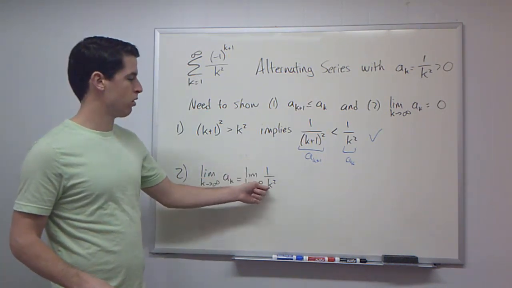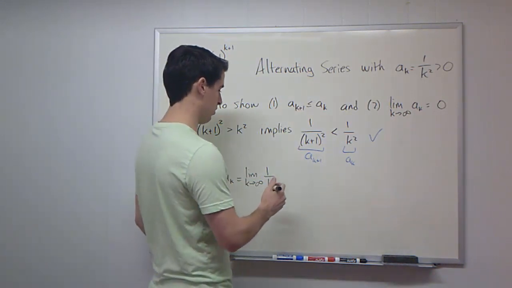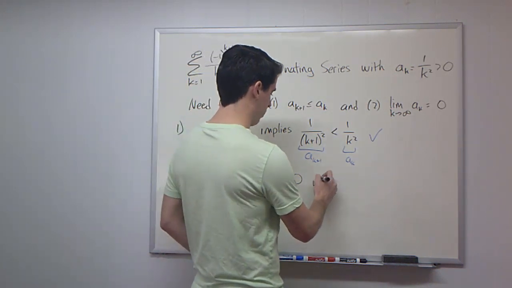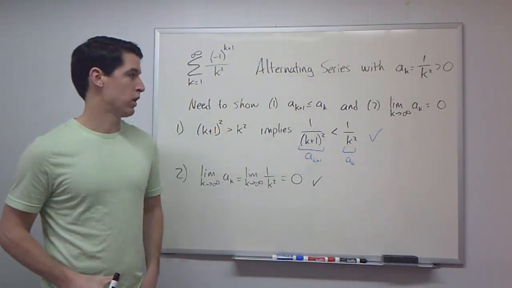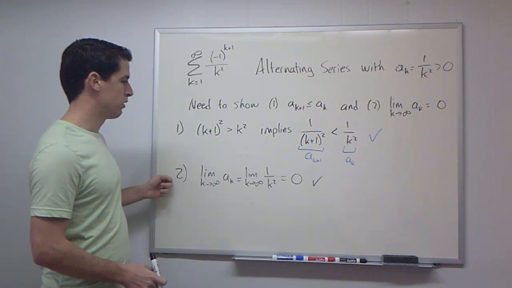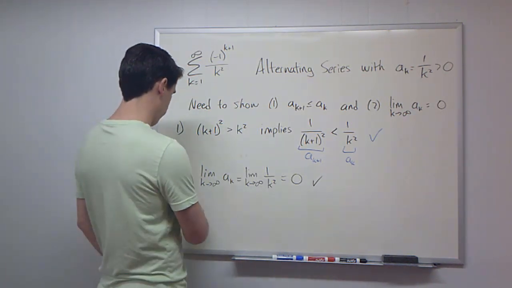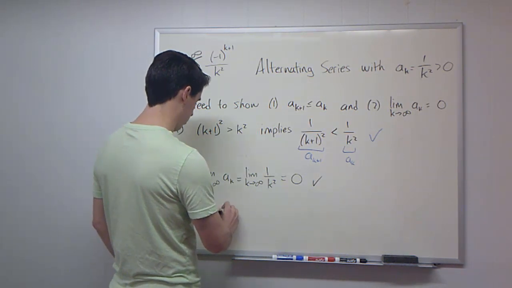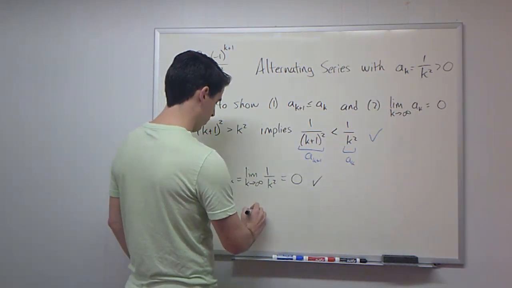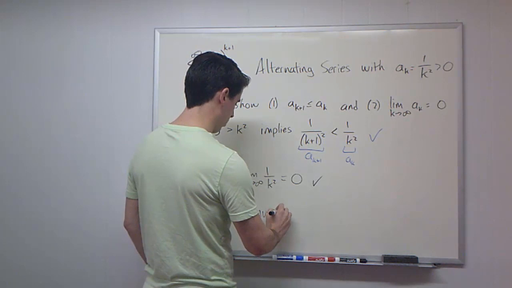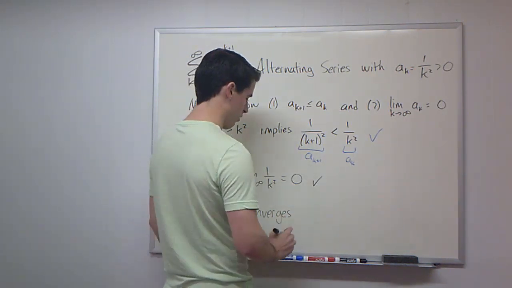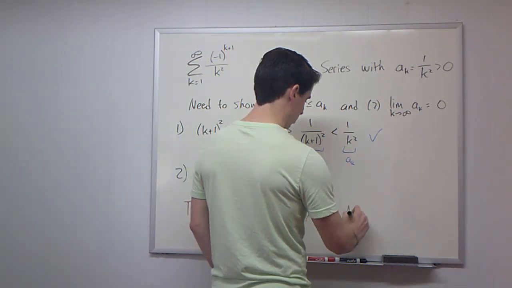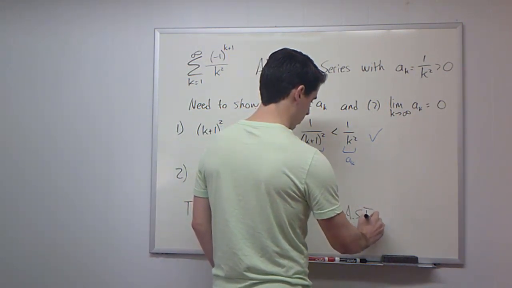So I've got 1 over something infinitely large, and so this would go to 0. And so that checks for us as well. So both conditions 1 and 2 hold. Therefore, we can say the series converges by the alternating series test, which I will abbreviate AST.